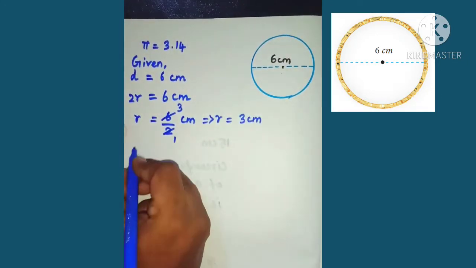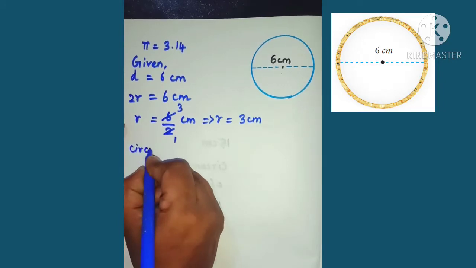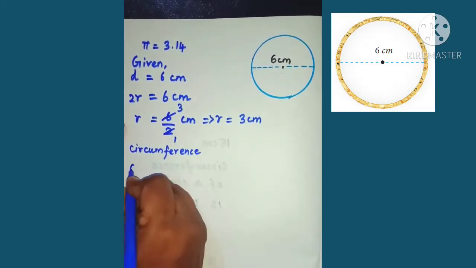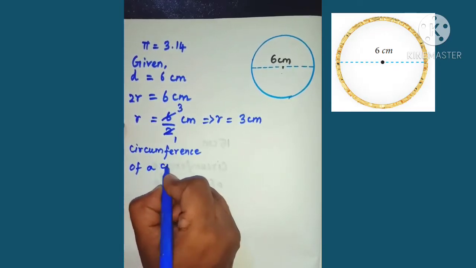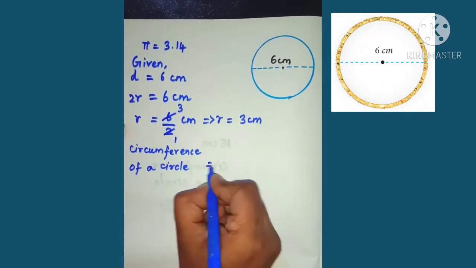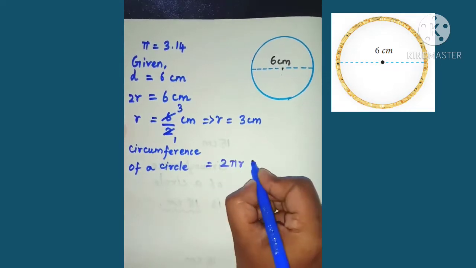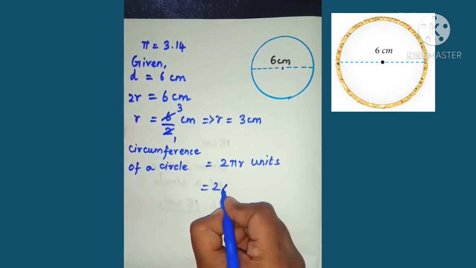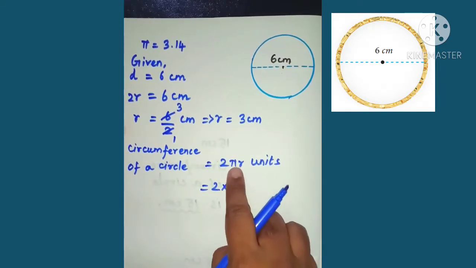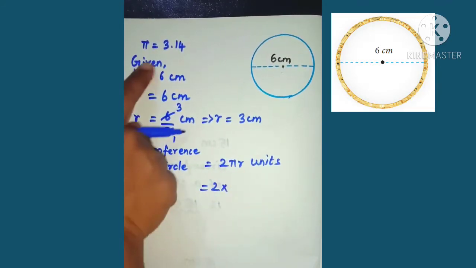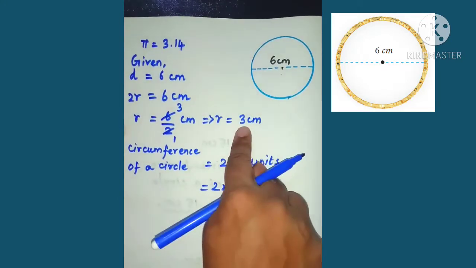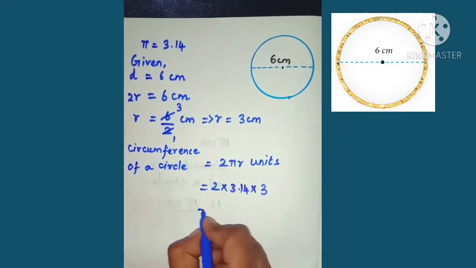Now we have to find the circumference of the circle. So 2 pi r units, we know that. So now substituting all the values here. What is the value of pi? That is 3.14, into r is 3.